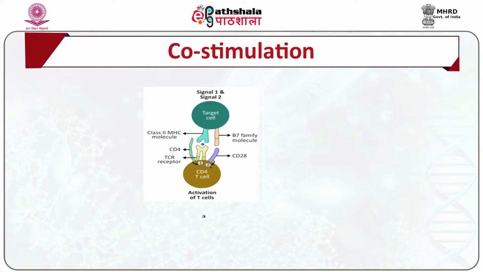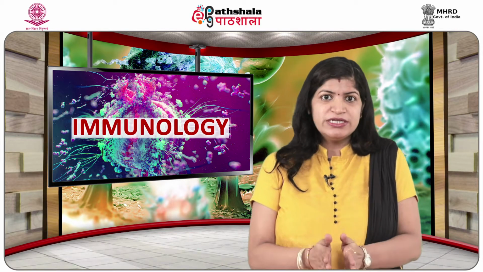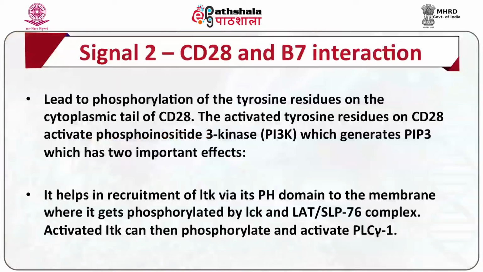One of the most characterized co-stimulatory interactions is between CD28 and B7 family members, which together deliver a positive signal to the cell that promotes T cell proliferation, cytokine production, cell survival and cell metabolism. After engagement of CD28 by the B7 molecule, the tyrosine residue on the cytoplasmic tail of CD28 gets phosphorylated by LCK.